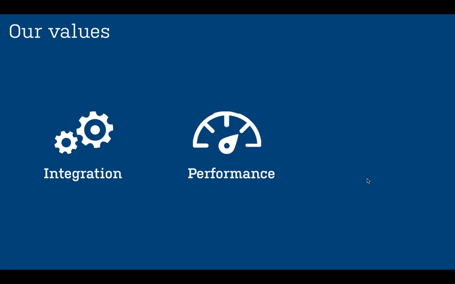The second value that we have is performance. In the past 12 months, we did some drastic changes in the architecture of FishEye to support better SVN indexing, and we just released with 3.4 some really good improvements on the Git indexing.